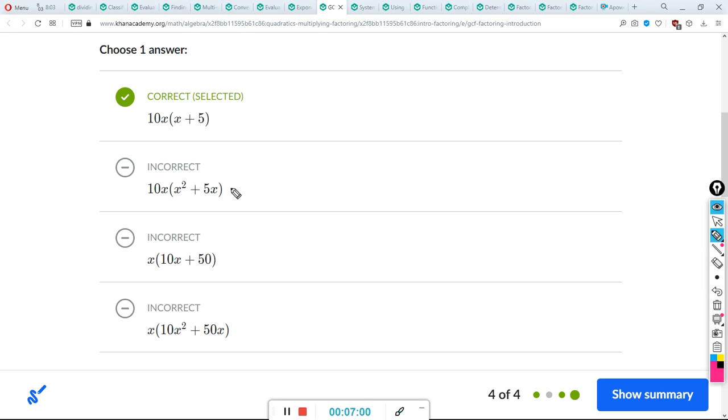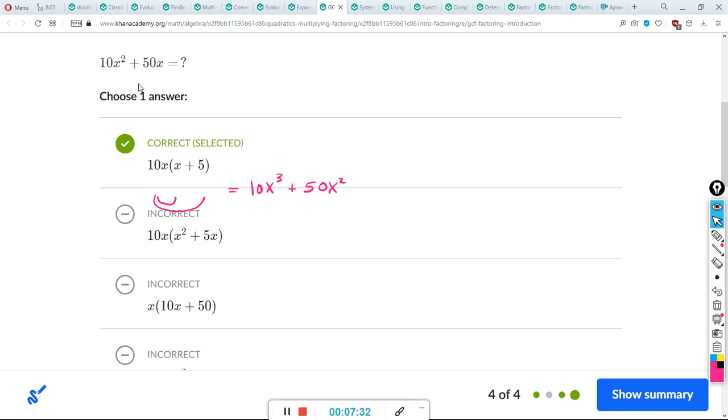So if you did this one here, 10x times x squared is going to be 10x to the third, because x times x squared is x to the third. 10x times 5x is going to be 50x squared. 10 times 5 is 50, x times x is x squared. So this doesn't match what we had originally. And you just go down the list and see which one matches the original, which is right here.